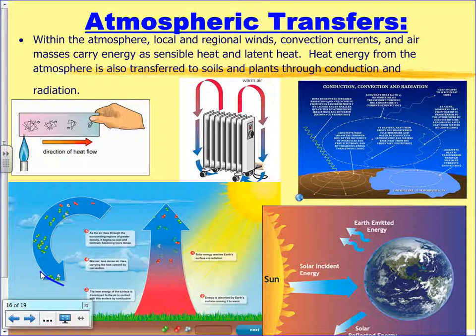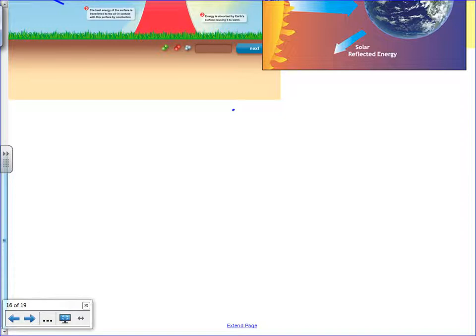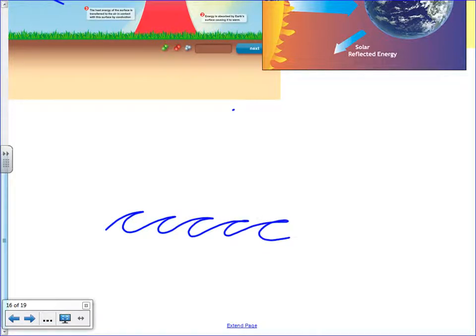Over the course of the day, if you're near the ocean, you'll get what's called a sea breeze. So here's the ocean. Nice waves, right? And then here's the Earth.